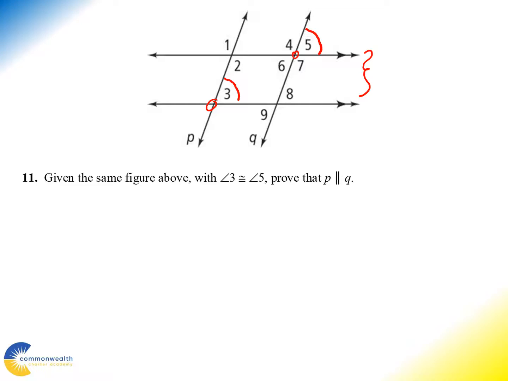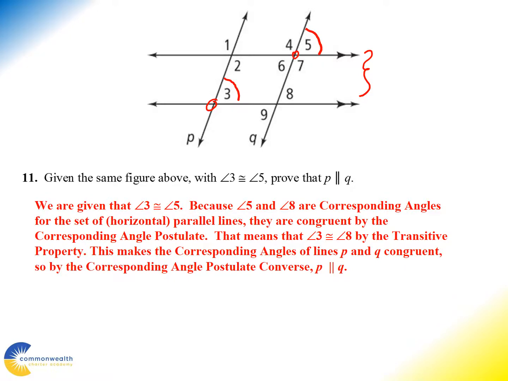I was trying to see if I could think of another route to get there, but we're given angle 3 is congruent to angle 5. Now we know that these are corresponding angles, angles 5 and 8 for those two parallel lines. Therefore, they have to be congruent by the corresponding angle postulate. We now know by the transitive property, or you could even say substitution, that angles 3 and 8 are congruent to each other.